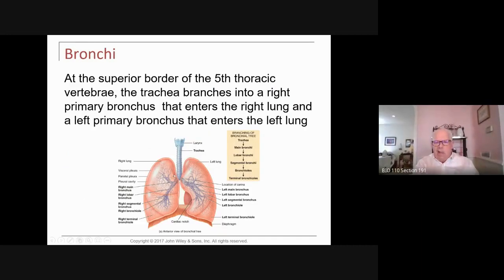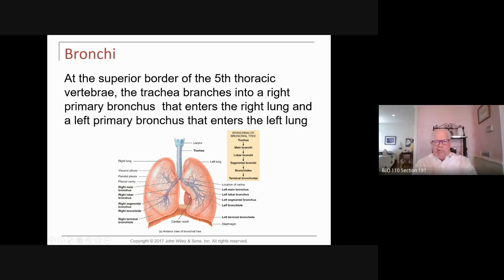Here it is. Here is the carina. Now you see it spelled for you, carina. So we go through the larynx, through the trachea, into the carina, to the right main bronchus and the left main bronchus. All right, very important to understand.